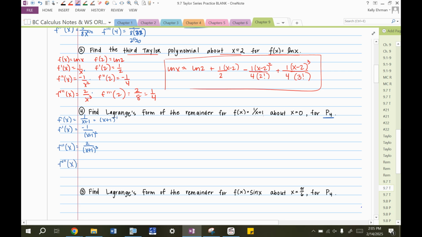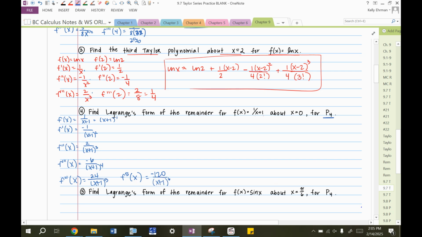The third derivative will be negative 6 over x plus 1 to the fourth. The fourth derivative will be 24 over x plus 1 to the fifth. And because I know I'm going to need a formula for the fifth derivative, we might as well take it out that far. Because remember, when we're doing error, we always need n plus 1. So the fifth derivative at x will be 24 times 5 is 120, negative technically, over x plus 1 to the sixth.